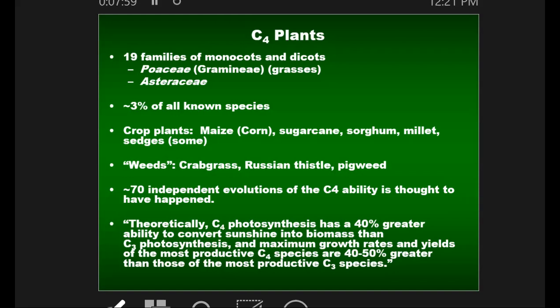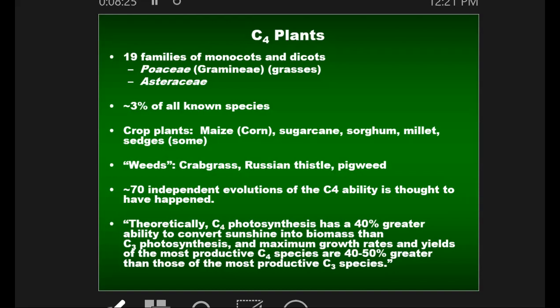So 40% greater ability to convert sunshine into biomass than just straight C3 plants. Maximize growth rate and yields, 40 to 50% greater than those of the most productive C3 plants. So again, this does give them a nice edge, especially under consistently hot periods and droughty periods.